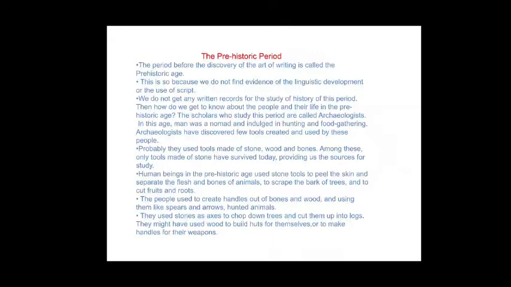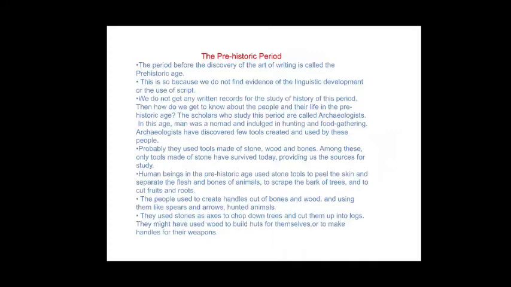Man was nomadic and indulged in hunting and food gathering. Details are given from the tools created and used by these people. Probably they used tools made of stones, wood and animal bones. Only archaeologists can give all this information.